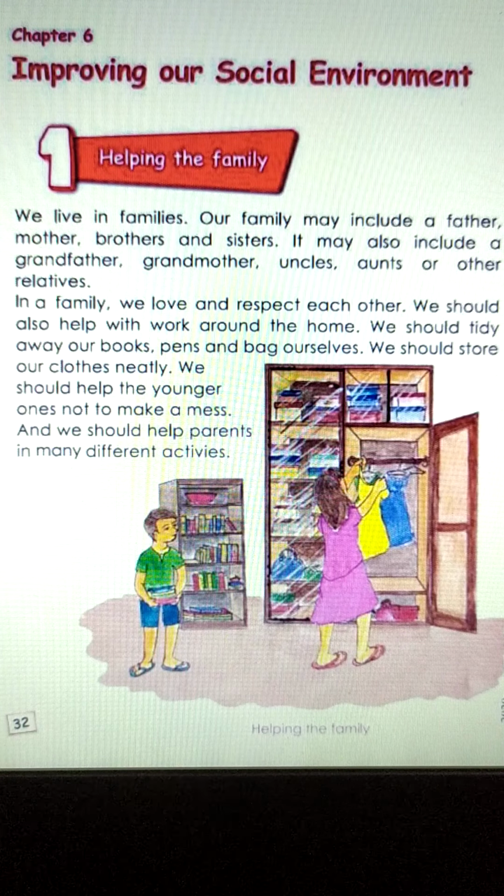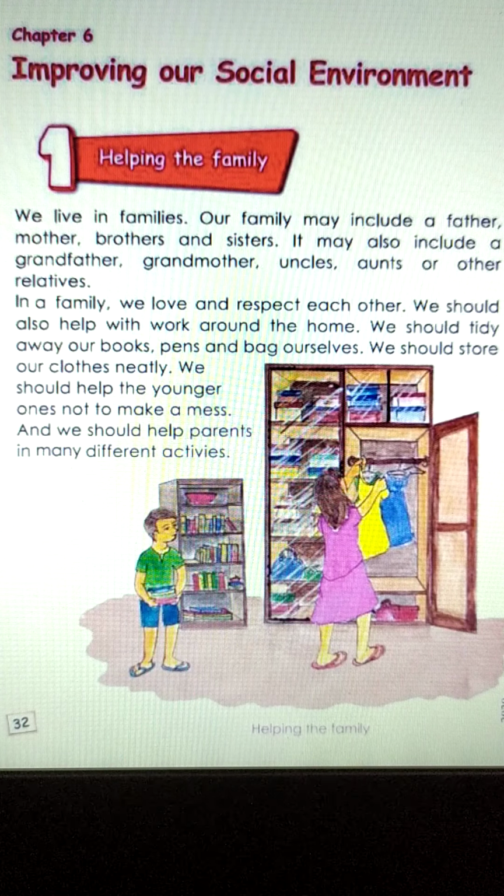Now from page number 32, I'm gonna give you some spellings like include, I-N-C-L-U-D-E, include. Spelling number 1, include. Spelling number 2, relatives, R-E-L-A-T-I-V-E-S.